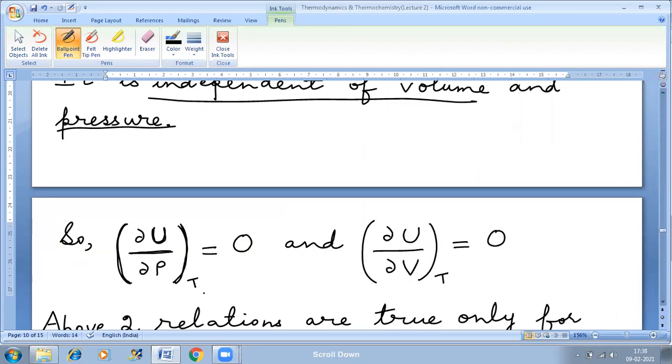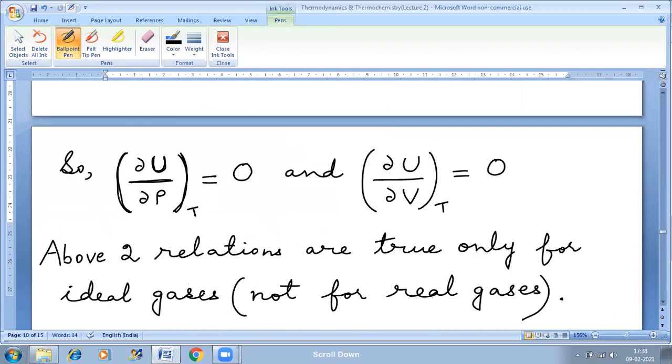So I can write these two equations for any ideal gas. What does this mean? This means I am measuring the change in internal energy with respect to change in pressure. That is du upon dp. And this temperature is constant. So I have written temperature outside the bracket. Whatever is written outside the bracket, that is constant.